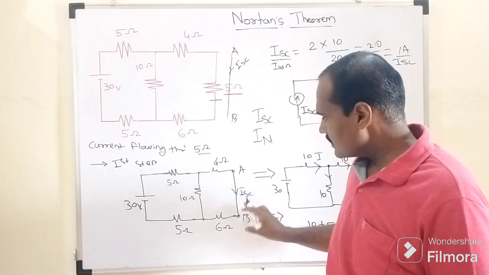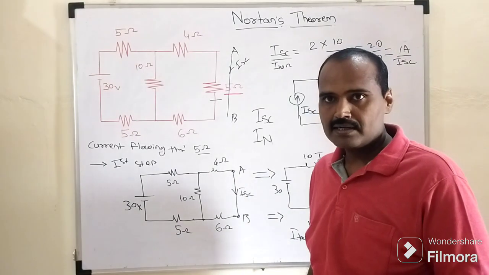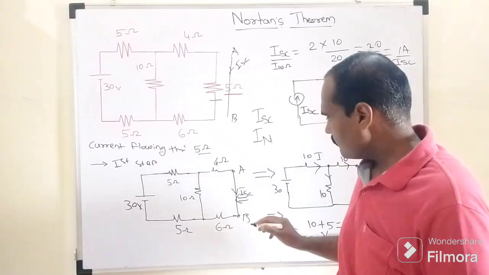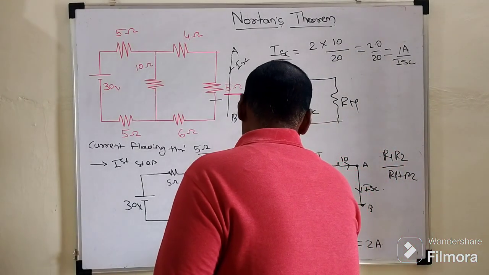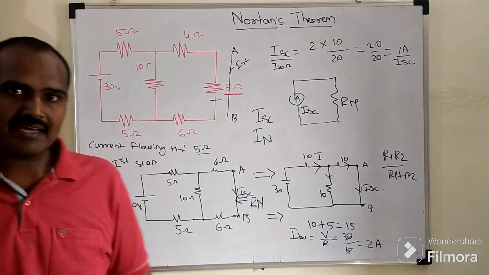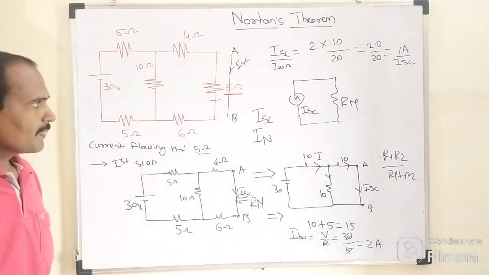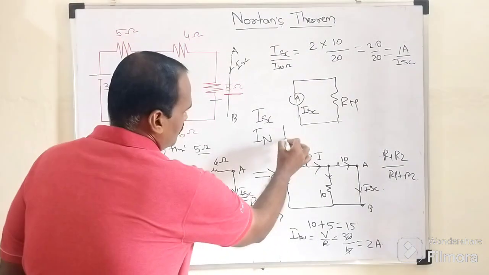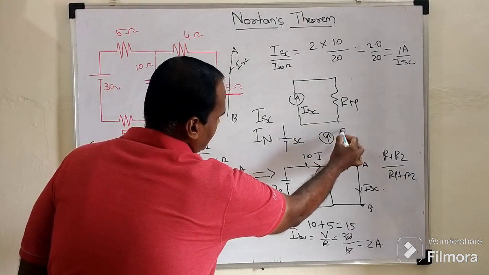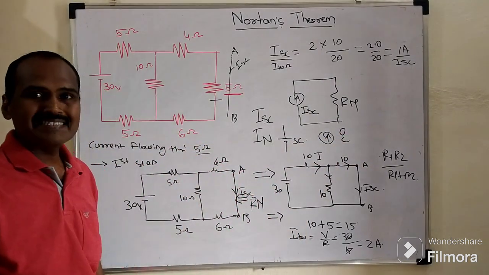This load resistance is replaced with these two short circuited terminals A and B. So the equivalent resistance of that circuit which is to be observed from this short circuited terminal is nothing but the Norton's resistance. While tabulating this Norton's resistance, if we are having a voltage source, that can be treated as a short circuited terminal. If we are having a current source, that can be treated as an open circuit terminal.